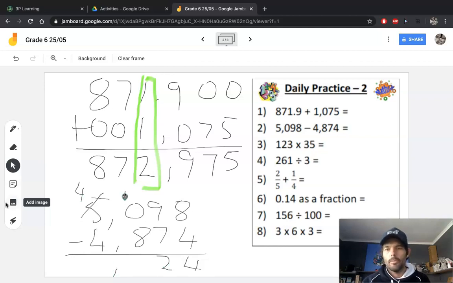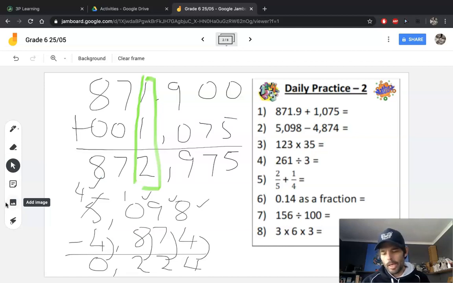So that 0 becomes 10, minus 8 is 2, and 4 minus 4 is 0. Now the checking strategy, we need to do the opposite. So the opposite of subtract is add. So 4 plus 4 is 8, 7 plus 2 is 9, 2 plus 8 is 10, and 0 plus 4 is 4. So 0.224 will be correct.